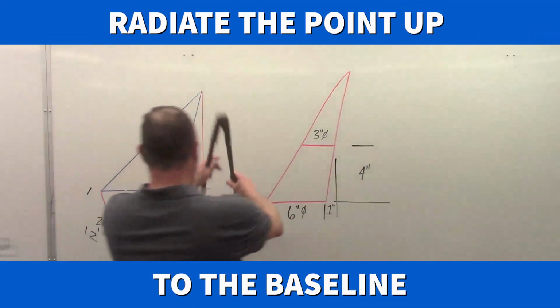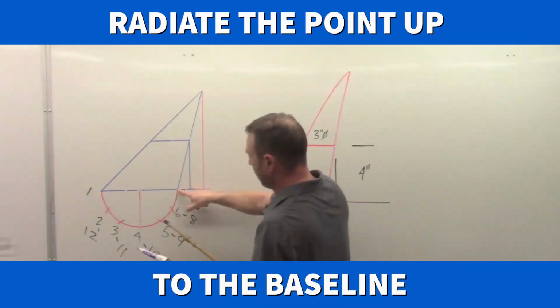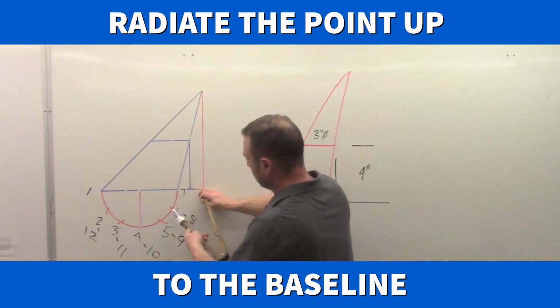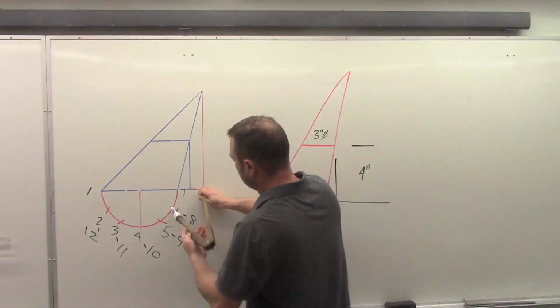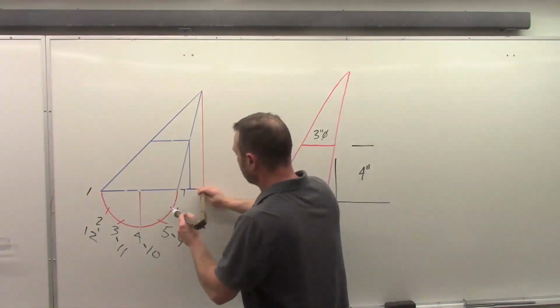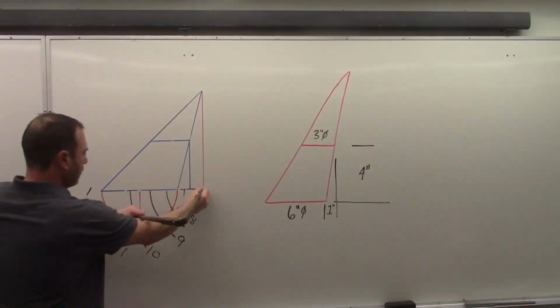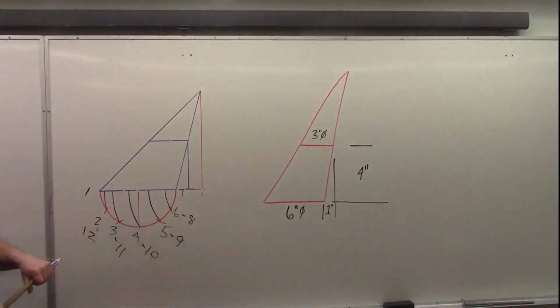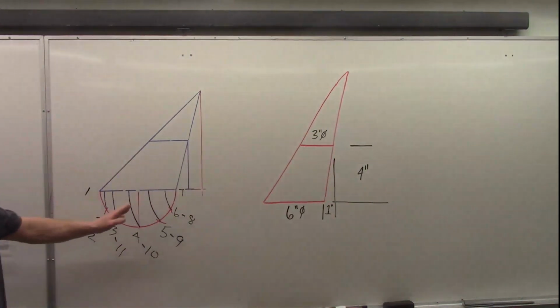Okay, so I pick up, let me come over here, pick up, 7 is already at the base, so I don't need to do it. Pick up 6. Okay, so all those get radiated upwards to the base.